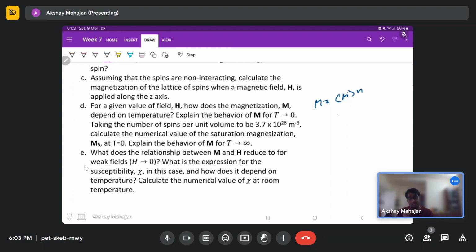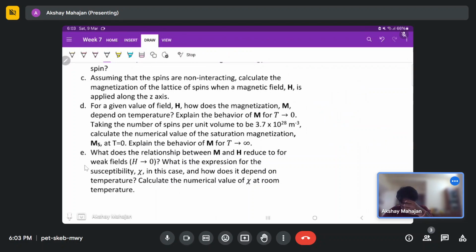Then you have to take the limit T tends towards 0. At T tends towards 0, you will see that M will tend towards the saturation magnetization, which will be n times some function, and that will give you a saturation magnetization numerical value.